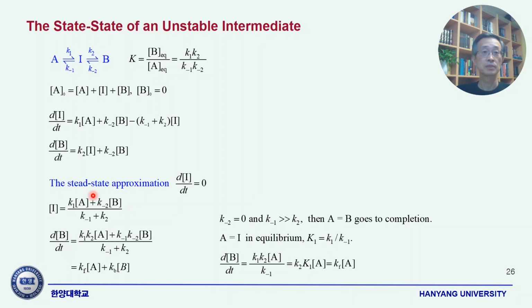Then we can do dB/dt. You be careful that dB/dt is k2I, you use this for I, minus k minus 2B, and then you will obtain this. Just to rearrange that, this minus k minus 2B is this minus k minus 2B.